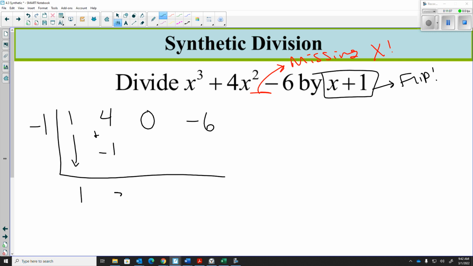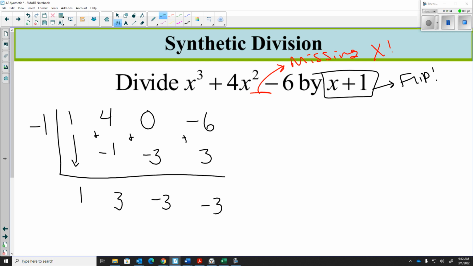Multiply, -1 times 3 is -3. Add 0 and -3 is another -3. Yeah, multiply and it turns into a positive. Add and it's another -3. Multiply, add, multiply, add, multiply, add until you're done.